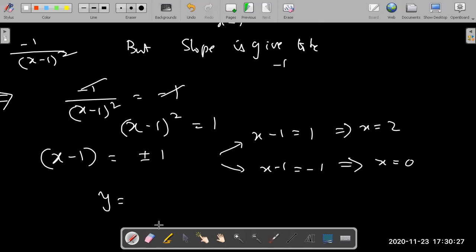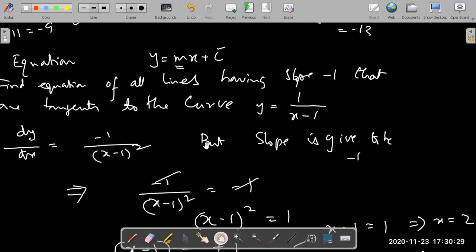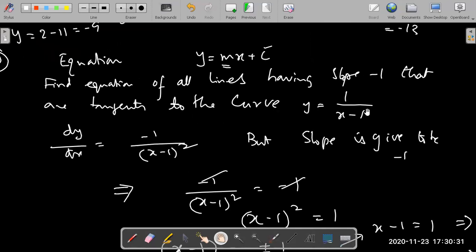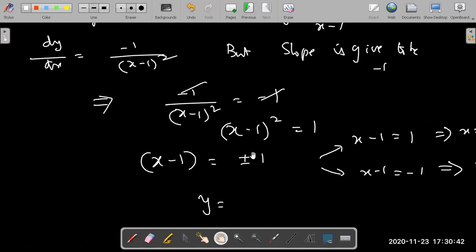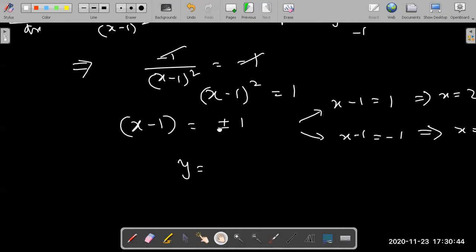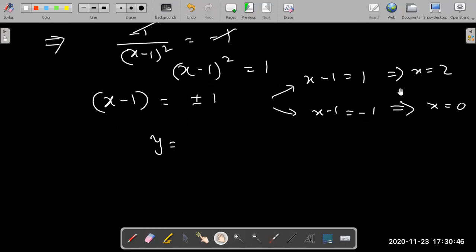That means just go back. I have the equation of the lines having slope minus 1 that are tangents to this curve. Tangent to the curve is this. Slope is minus 1. So I equated this slope to minus 1 and then I got x equal to 2 or x equal to 0.